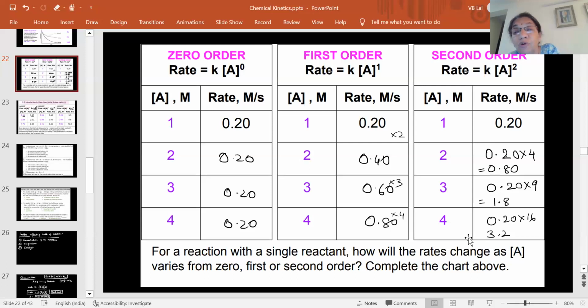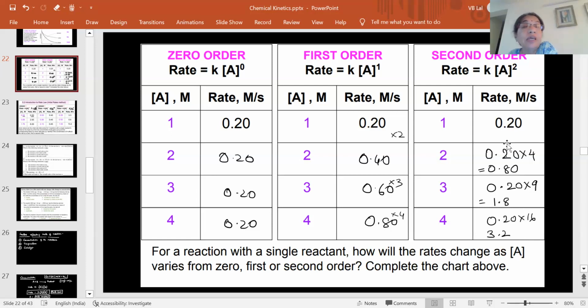When you make it 4 times, the rate should become 4 squared times, which means 16 times. So if it is a second order reaction, I double it, the rate of reaction should become 0.8. When I make it 3 times, the rate should become 1.8. And when I make it 4 times, the rate should become 3.2, if I am comparing with the original.